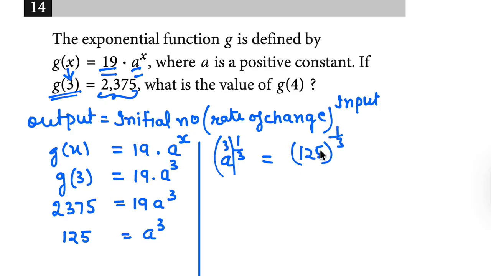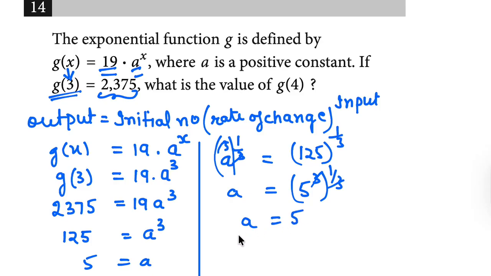I am explaining every single step, but it is assumed that you can simply write the answer like this. a is equal to 5 cubed raised to the power 1 by 3, so a is equal to 5. Yes, you know how to solve this, but you have to reach a certain speed where you can calculate this a directly.